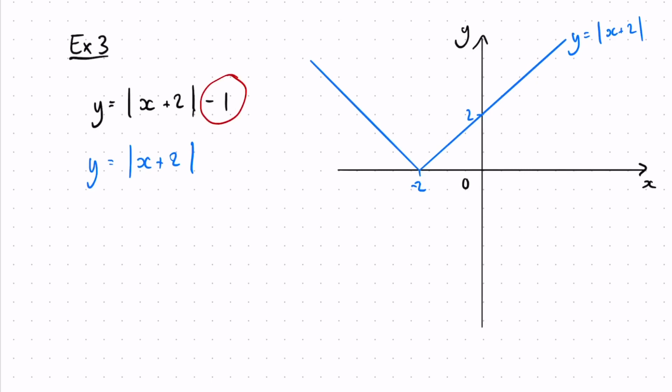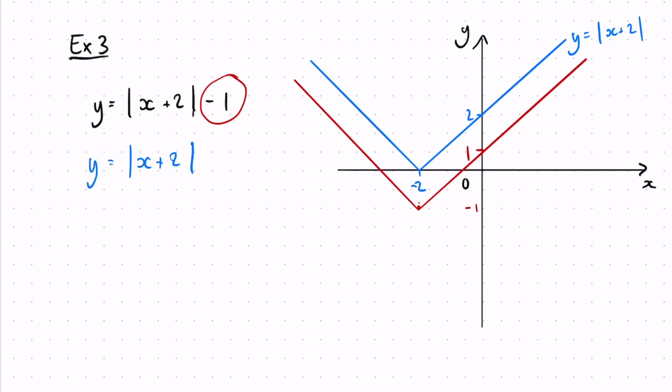So this time it's not going to just bounce back when it hits the x-axis. It's actually going to bounce back when it gets to -1 in the y values. So it's going to look something like that. Okay. The intercept point here would be 1 because it's been reduced by 1.